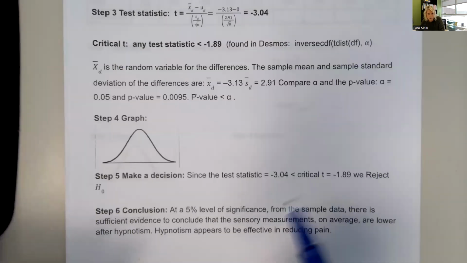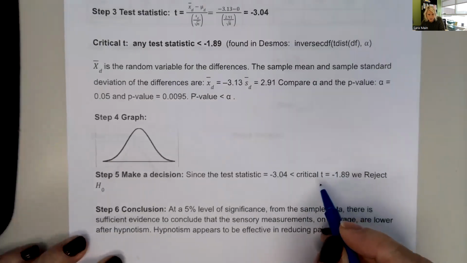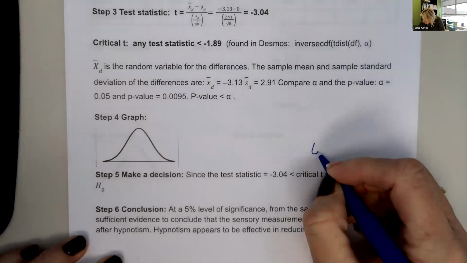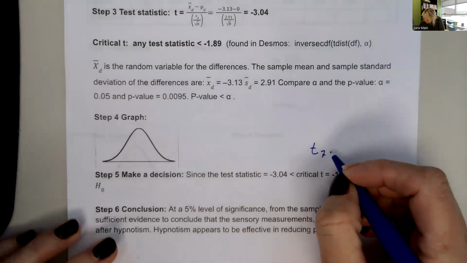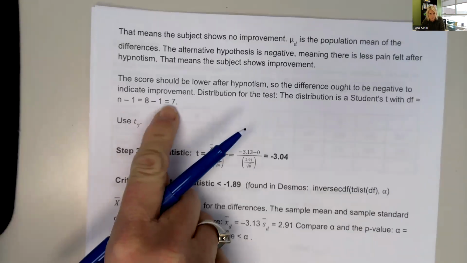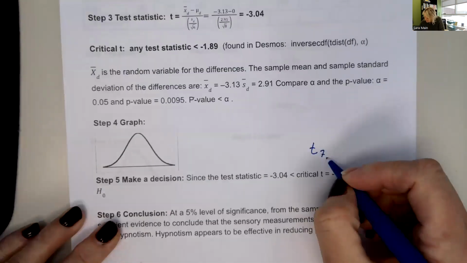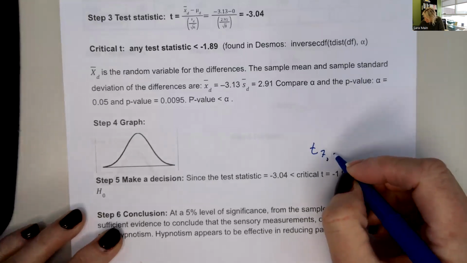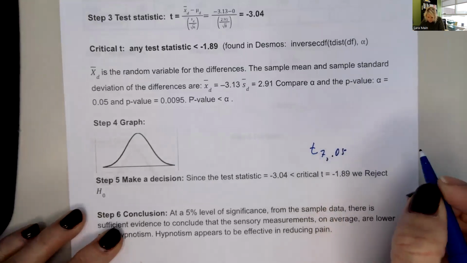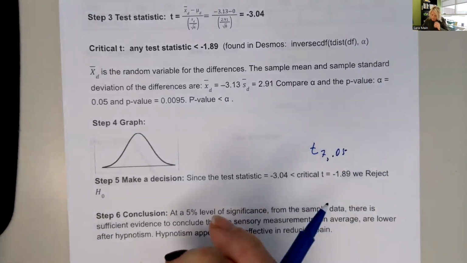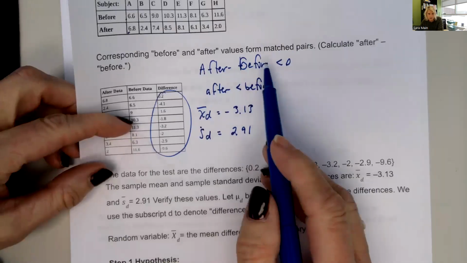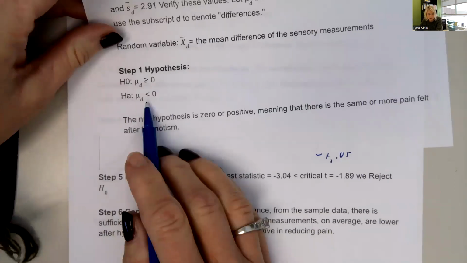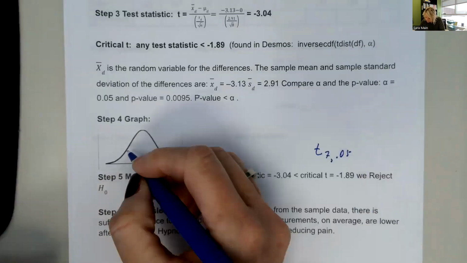And so we are going to find our critical T. Our critical T value is the T of our degrees of freedom, which is 7, n minus 1 is 7, and 0.05. We're thinking that our differences are going to be less than 0, so it's going to be a left-hand test. So it's going to be over here.